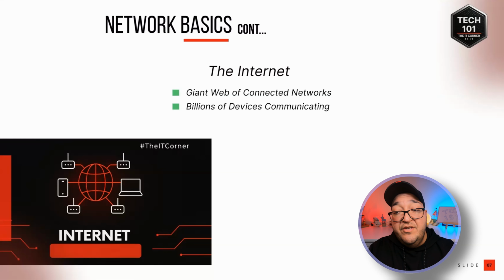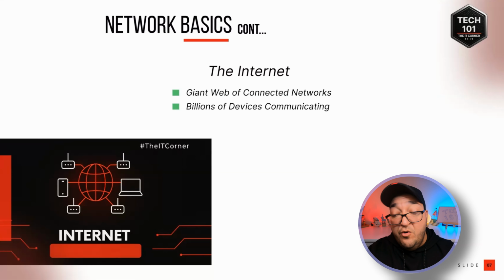When you open a website, your device sends a request across multiple networks to reach a server and bring that page back. Kind of like sending a digital postcard and getting a reply, but in milliseconds, right? So that's pretty much what is happening in the background. LAN connects your local world, WAN connects to the wider world, and Wi-Fi connects you without any wires. And then, of course, the internet connects everybody together.